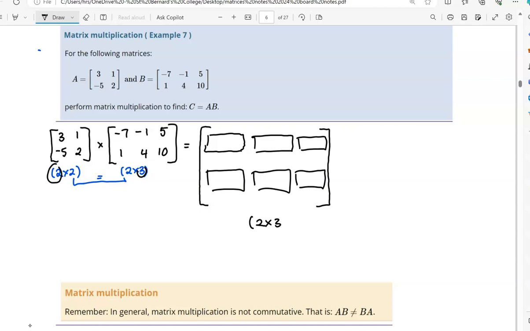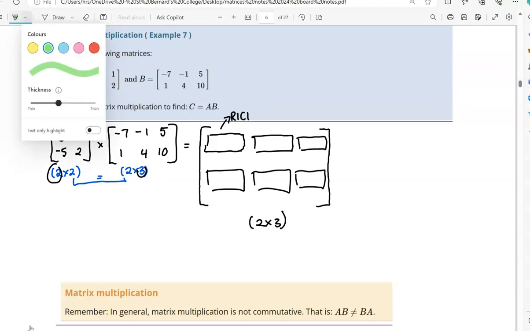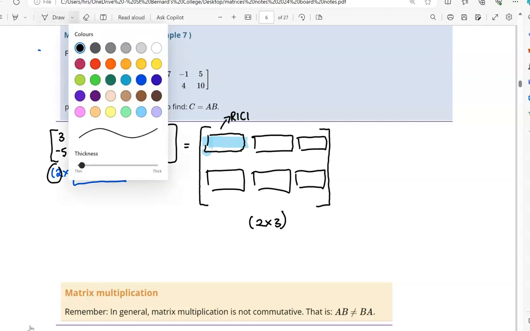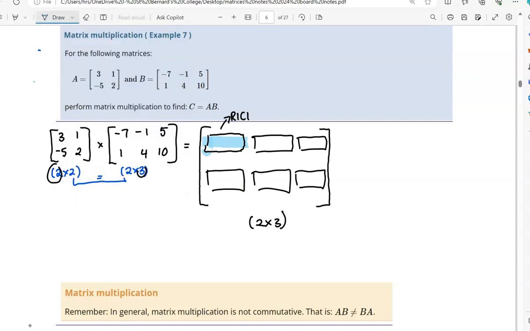If I was labeling this element here, would you call this one row 1, column 1? Would you agree? Yes. I find it easy with manual multiplication to say, right, I'm in this spot here, because I'm in row 1, it means I'm using row 1, with column 1 of the second matrix.